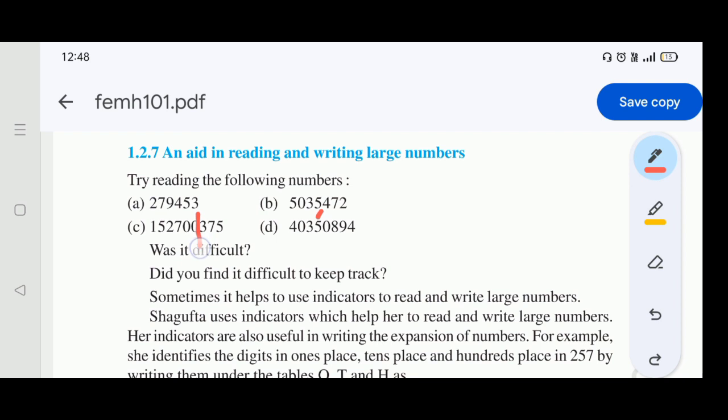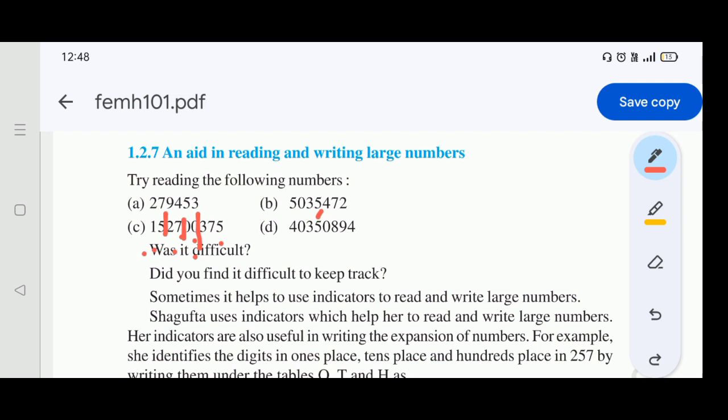So it is ones, tens, hundreds, thousands, 10,000s, lakhs.